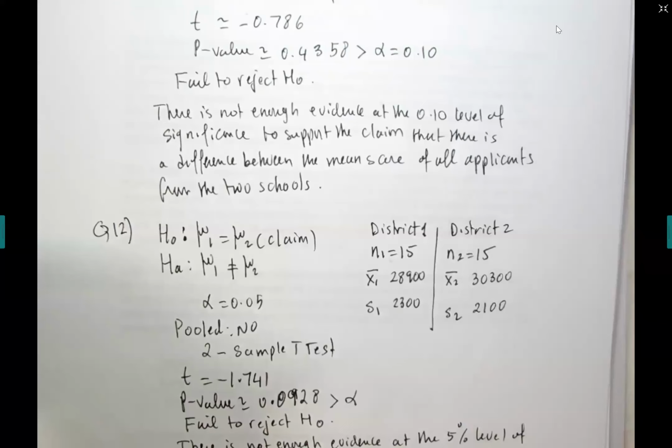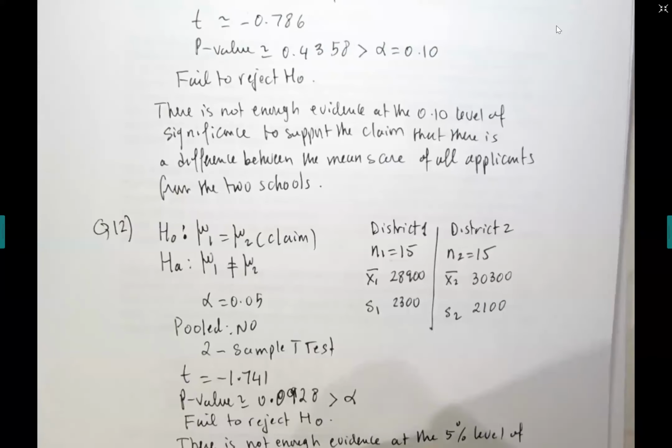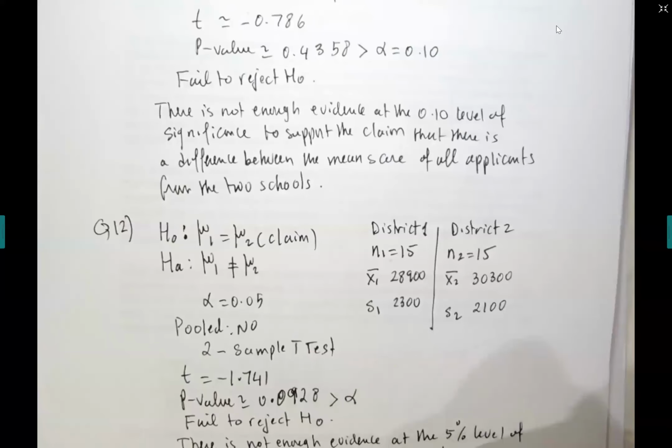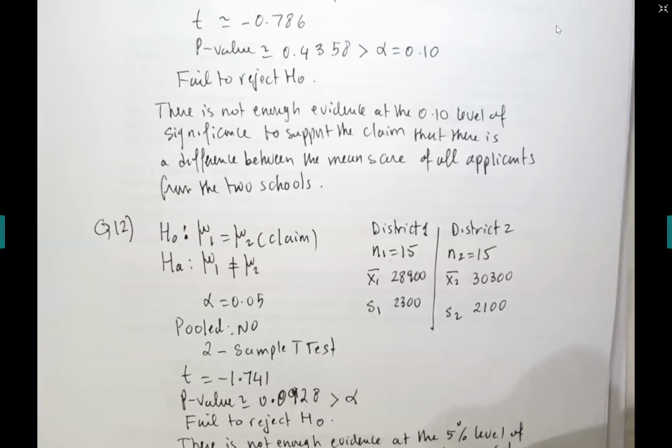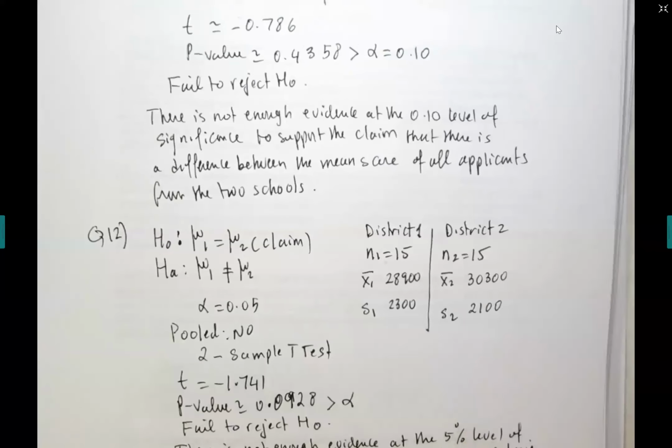To reject, I agree. You're just saying you cannot reject the claim. There is not enough evidence to reject the claim that mean salaries are equal in the two districts. So probably they are equal. We cannot say that they're not. That is question number 12, guys.